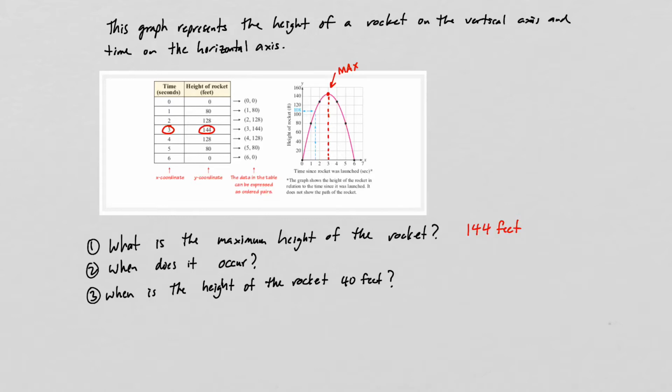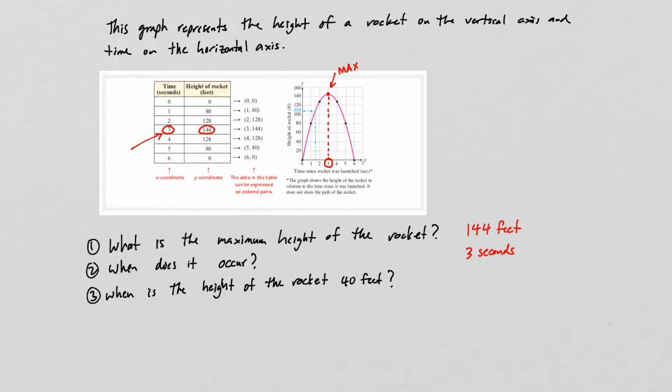I used the table in conjunction with the graph to answer that question. When does it occur? Well, when the maximum height occurs refers to time. We can see down here it occurs at 3 seconds, and we can also see that here in the table. So when do we reach the maximum height? 3 seconds after the rocket was launched.